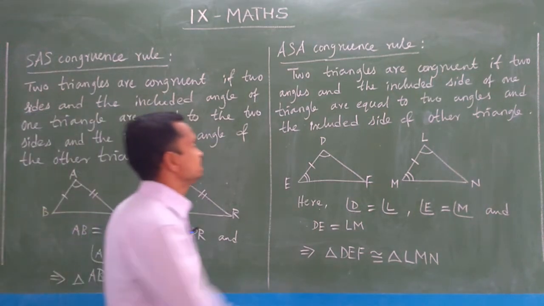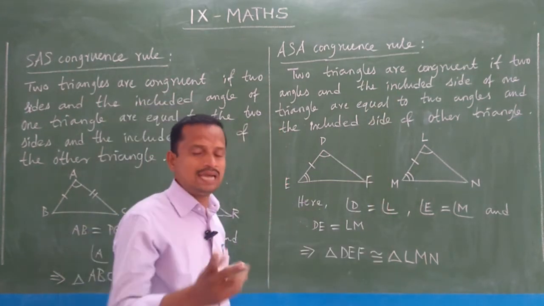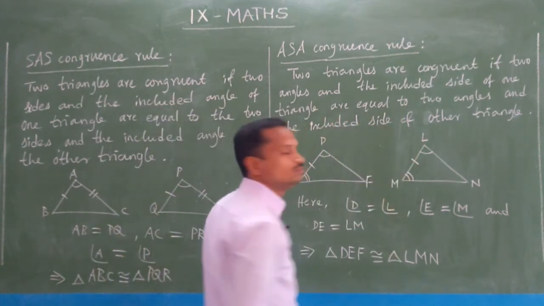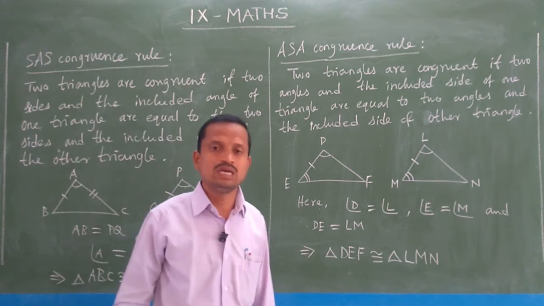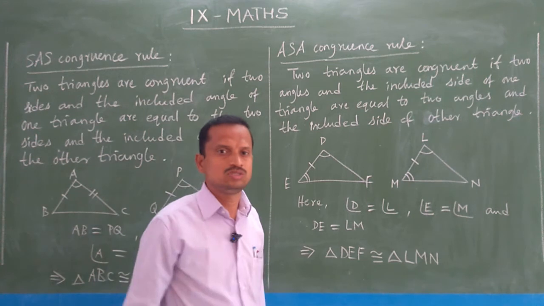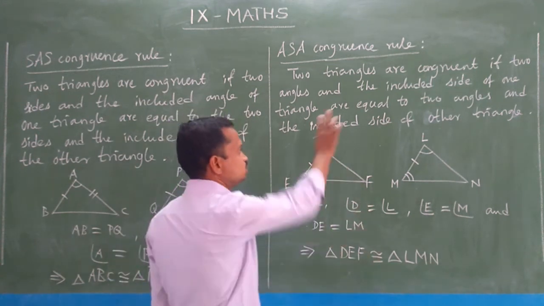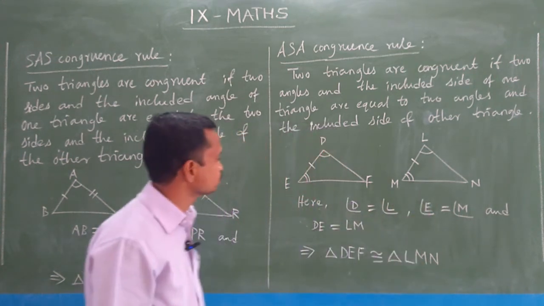And now coming to the ASA congruence rule. If two angles and the included side are equal, then we can say the two triangles are congruent. Or if the two triangles are congruent, then the two angles and the included side are equal to the same in the other triangle. So the definition is there. You see triangle DEF and triangle LMN.